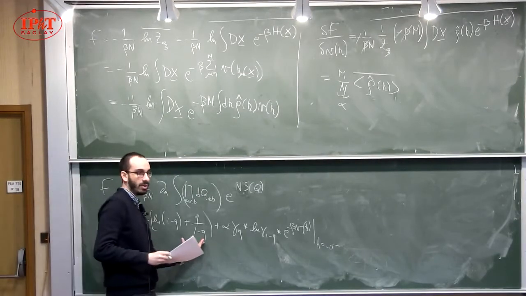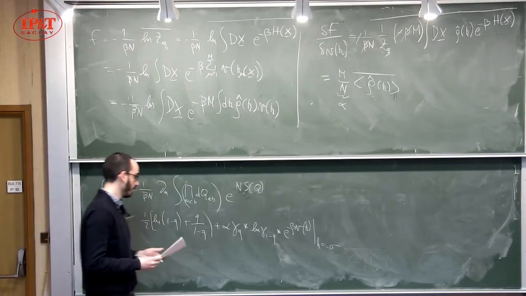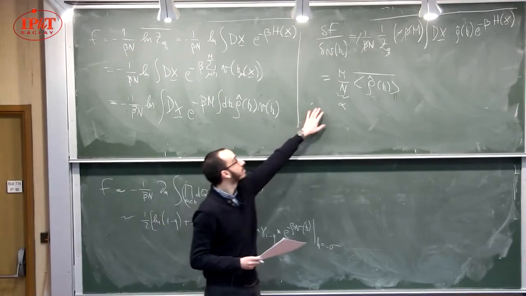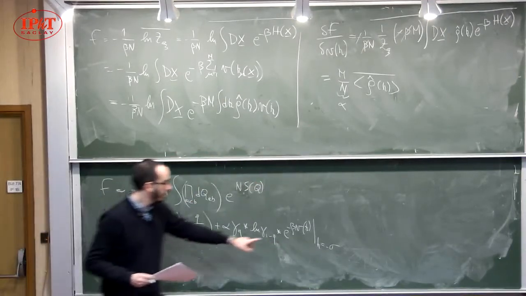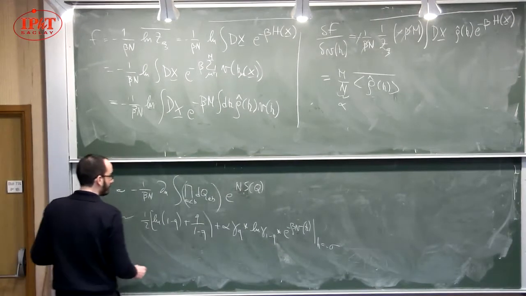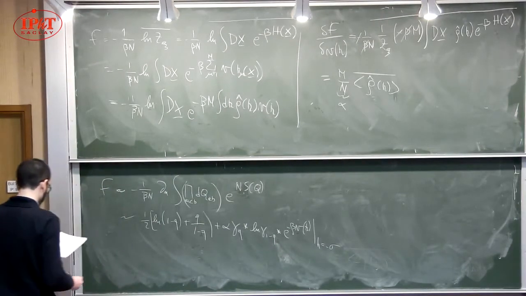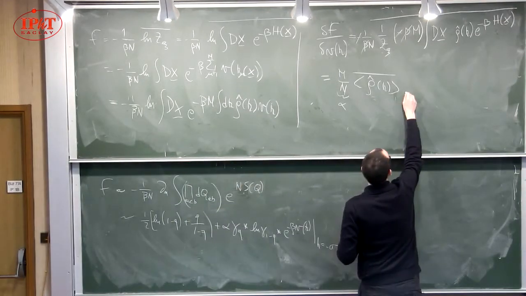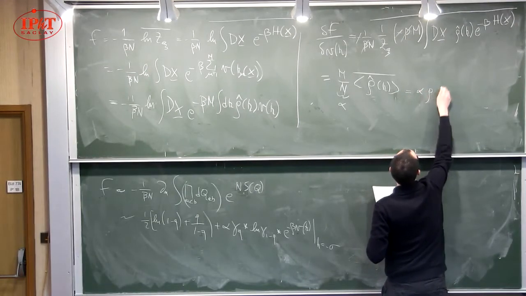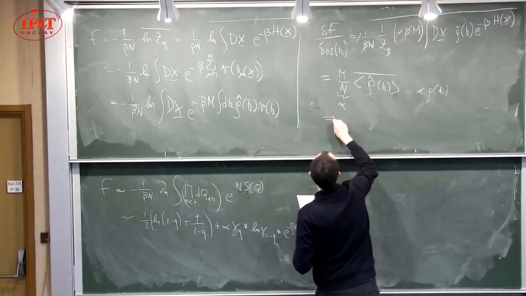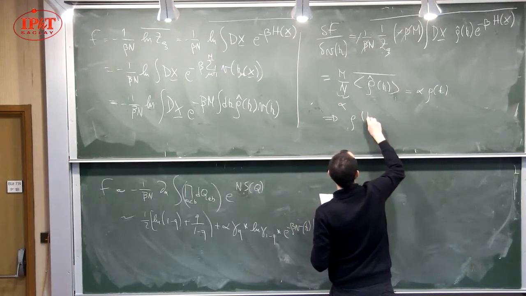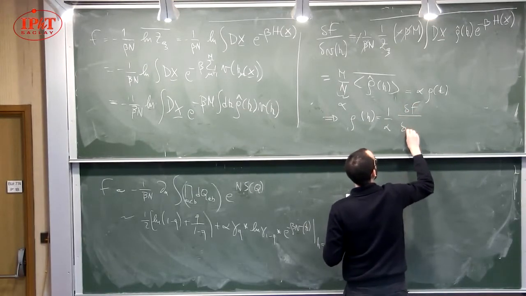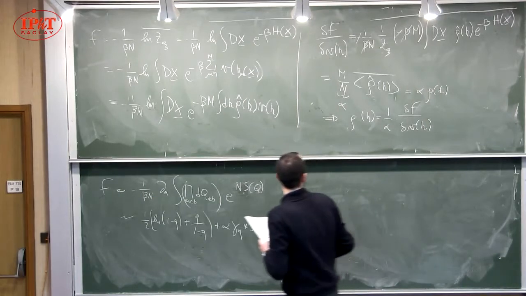So this was the starting point for the saddle point equation over Q, if you remember. So according to this, we have just to take the functional derivative with respect to V. And so let's do it. Okay, so this is alpha times rho of h, which means that rho of h is just 1 over alpha. So let's compute this.